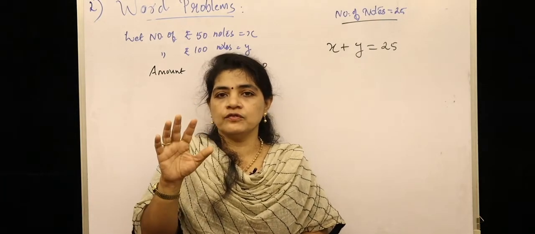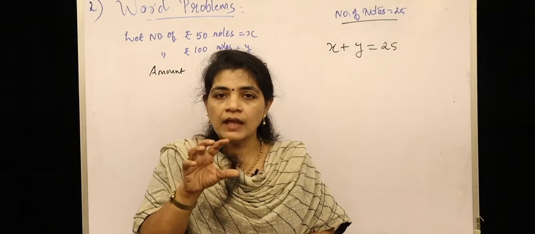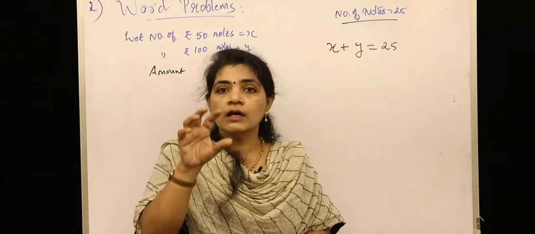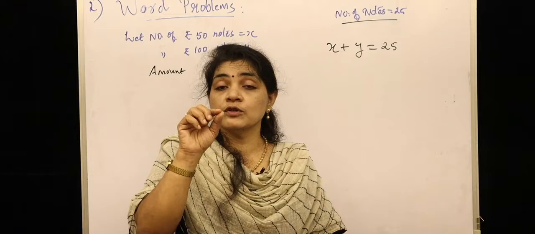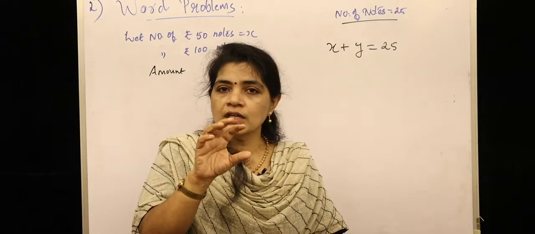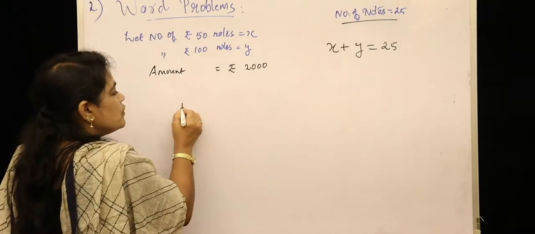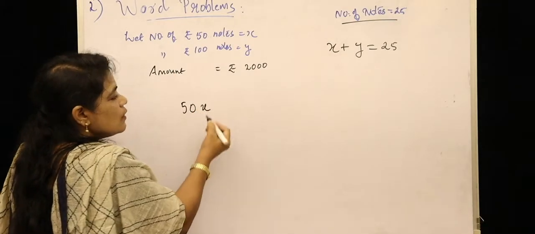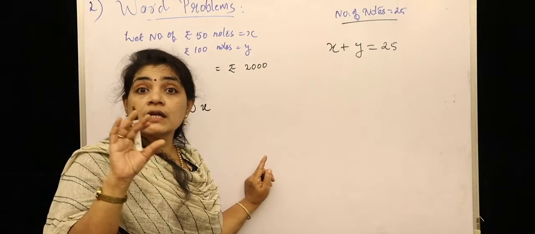What is the amount that she gets from x number of rupees 50 notes? Suppose I have 2 fifty rupees notes. What is the amount with me? 2 into 50, 100 rupees. If I have 5 fifty rupees notes, you have to multiply the number of notes with its denomination, here 50. So 5 into 50. Understood? The same way, the amount from x number of 50 rupees notes is x into 50, that is 50x. And she also has rupees 100 notes.